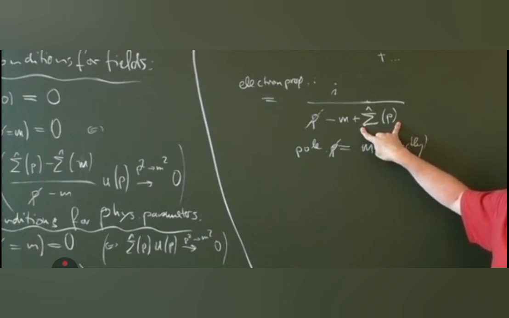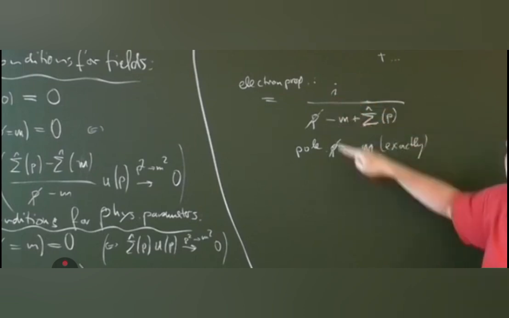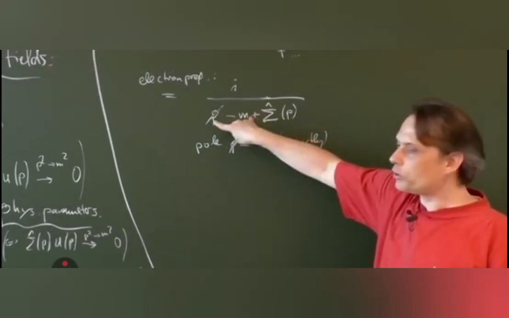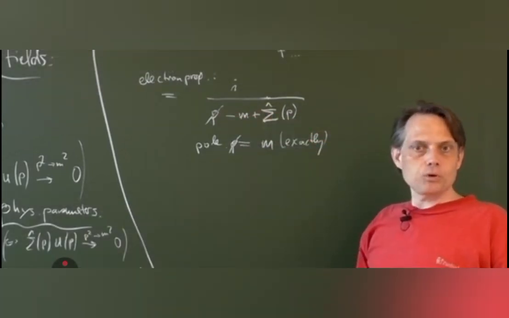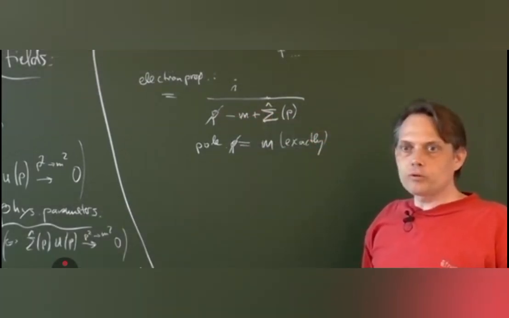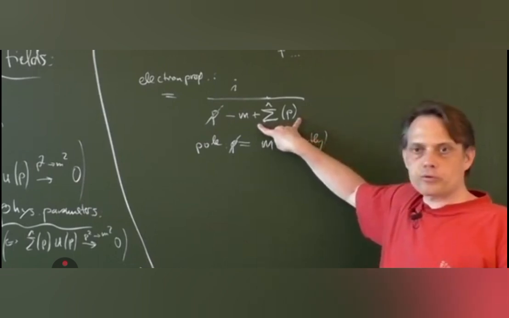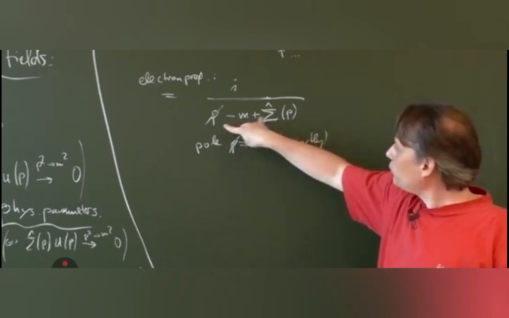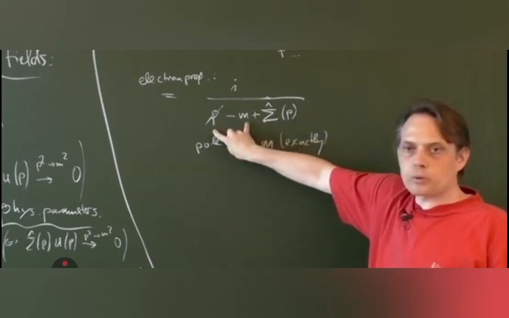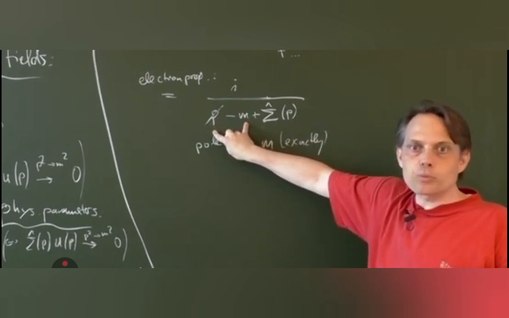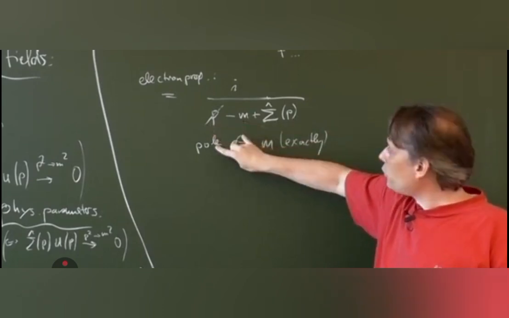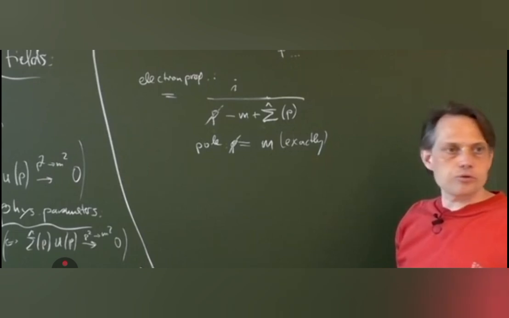What does that mean? It means something about the residue at the pole. The residue at the pole is basically the derivative of the denominator at the pole location. The derivative of this vanishes. Therefore, the derivative of the denominator is the one coming from tree level, is 1. That means the residue at the pole is unchanged compared to tree level.